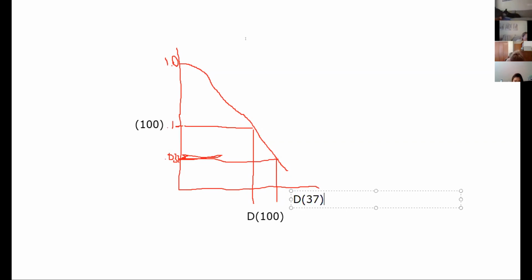So D sub 0 is equal to the dose at 37 minus your dose at 100. I got 180 and 185. That's close enough. It's a ballpark.